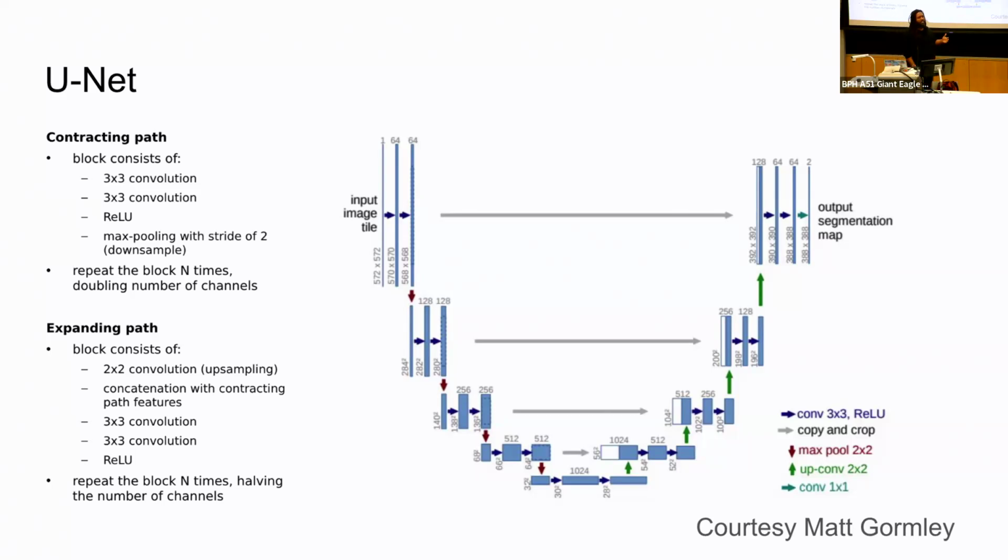UNet, simple architecture. Basically, you do a bunch of downsampling, you have a bottleneck, you do a bunch of upsampling, and then you make sure that you add the forward in at every step, or after every downsample to the upsample.